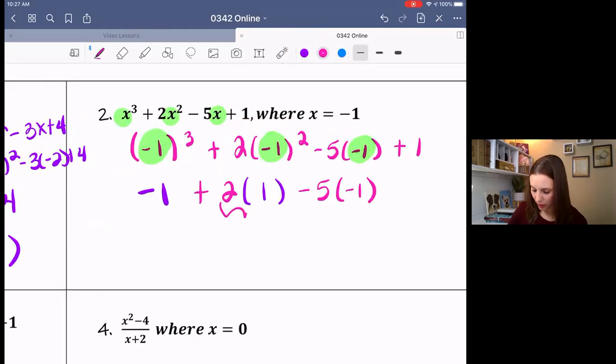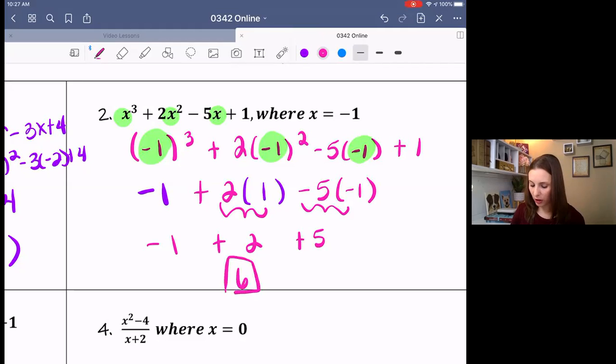So now we have multiplication, multiplication, and then we just have addition. 1, 6. So this function evaluated at -1 is 6.